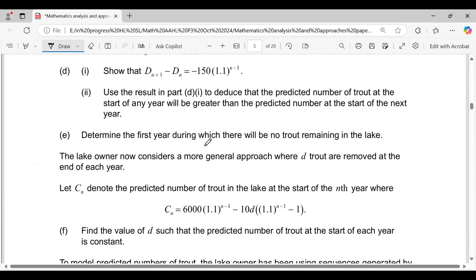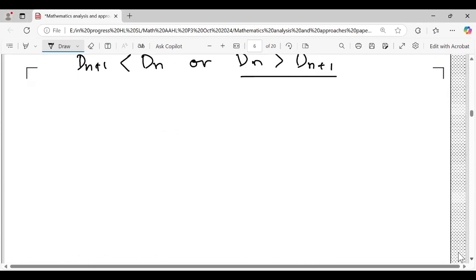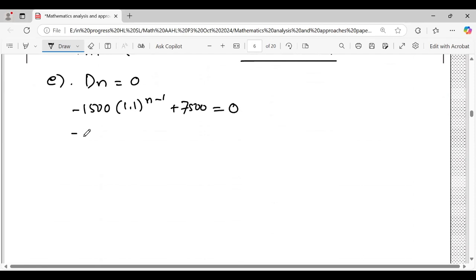Determine the first year during which there will be no trout remaining in the lake. Okay. We are going to predict when there is no trout anymore. So we need to set that Cn equals 0. If Cn equals 0, it means minus 1,500 times 1.1 power n minus 1 plus 7,500 equals 0, or 1,500 times 1.1 power n minus 1 equals 7,500.